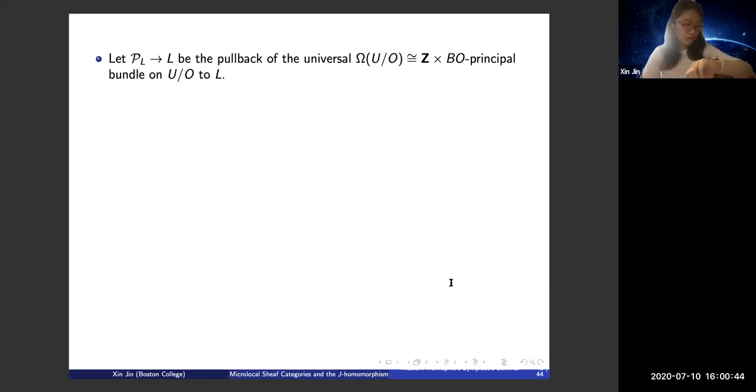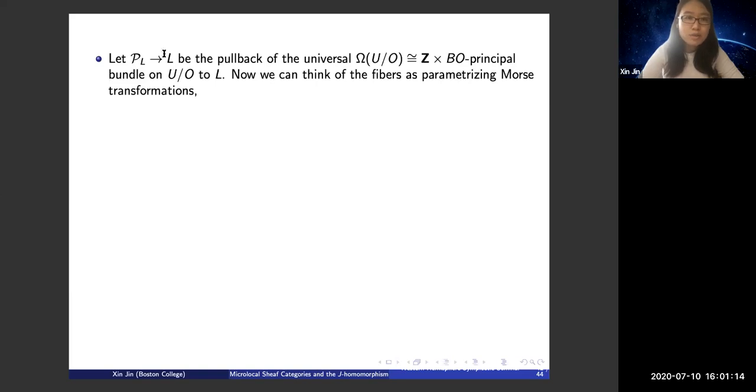Okay. So now once we have established such a connection, then if you pull back the universal omega U mod O principal bundle on this classifying space, you get an omega U mod O principal bundle on L, and then you can think of the fibers as paths from your tangent space to the base point, to the zero section.